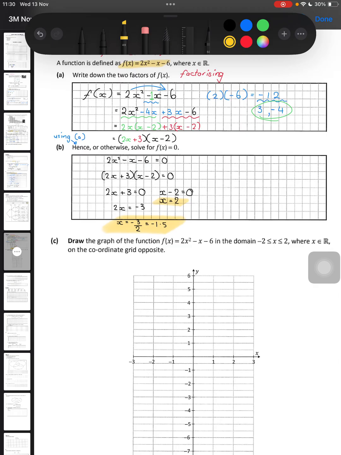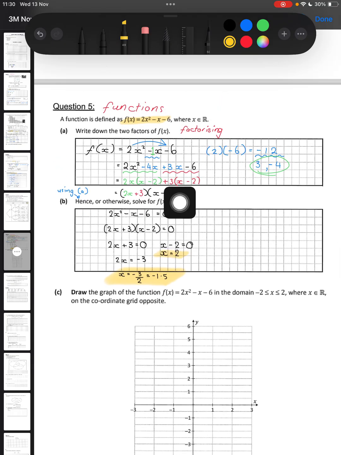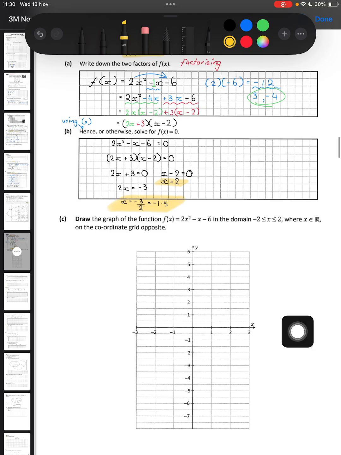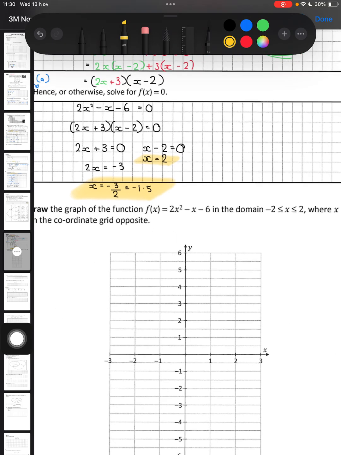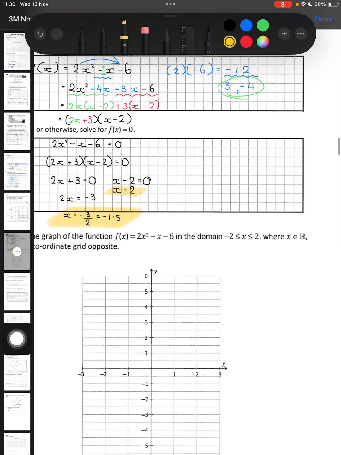Now, so again, this part here is a bit of algebra. That's factorizing and this is solving quadratics. This part here now is using what we know from functions. First part, in the domain minus 2 is less than or equal to x is less than or equal to 2.